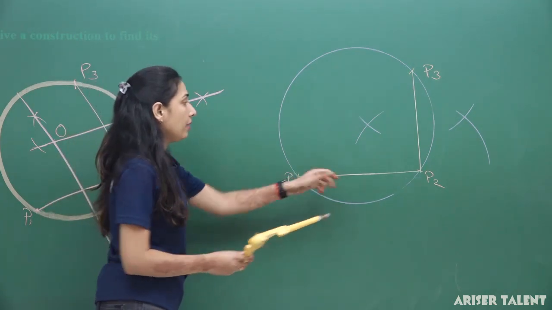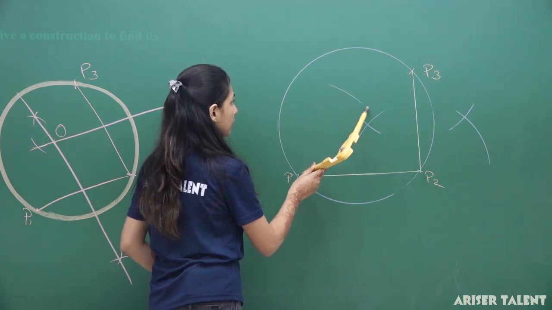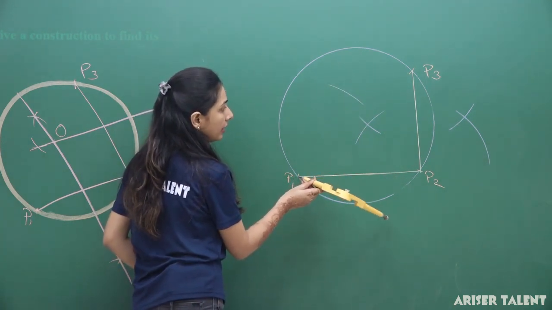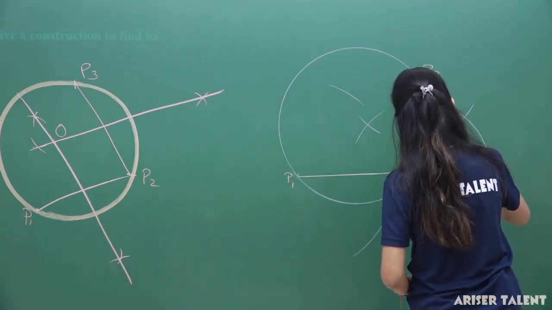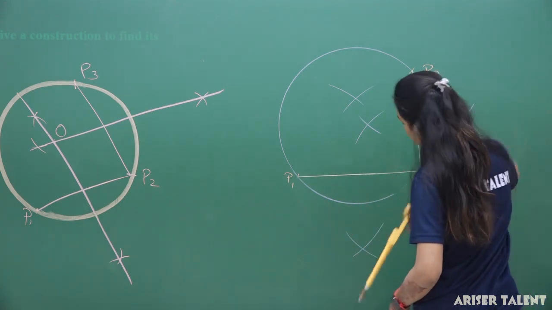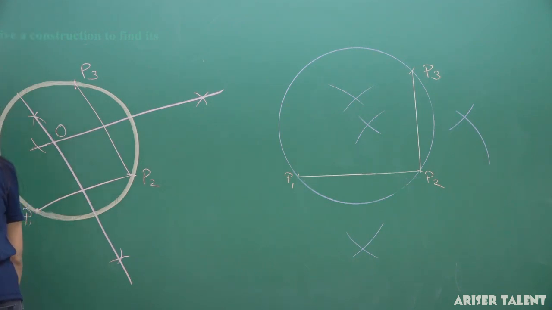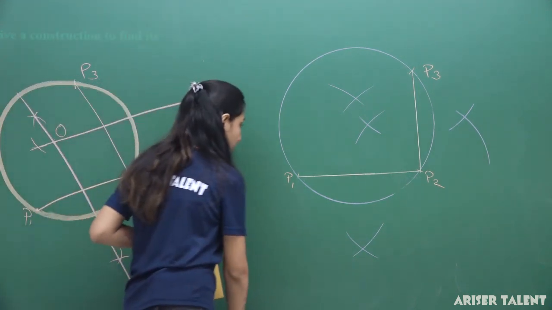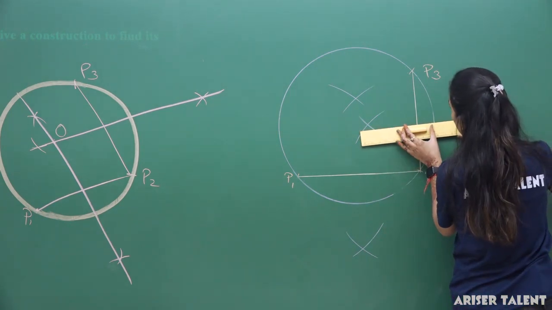Now about this line P1, P2, you are having a mark here and a mark right there. Similarly from point 2, we will cut an arc here and an arc here, right. Now what you have to do, simply you have to join the lines. These are the 2 points for the P2, P3 lines, so just meet them.